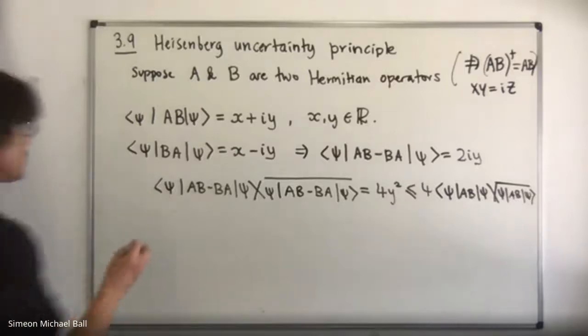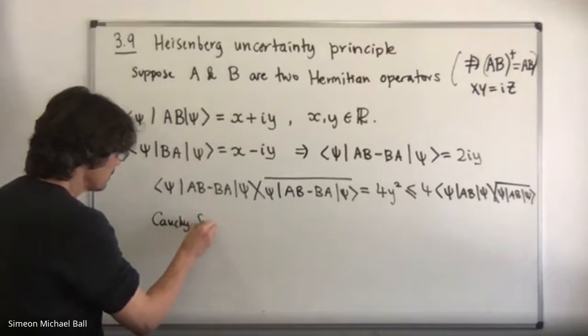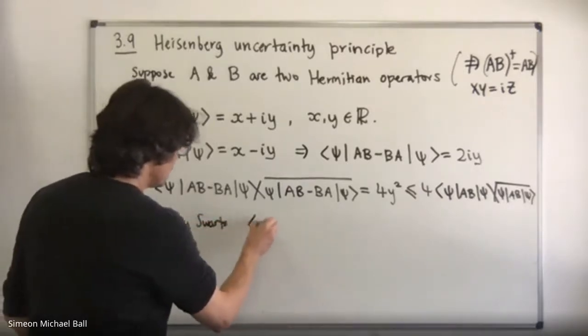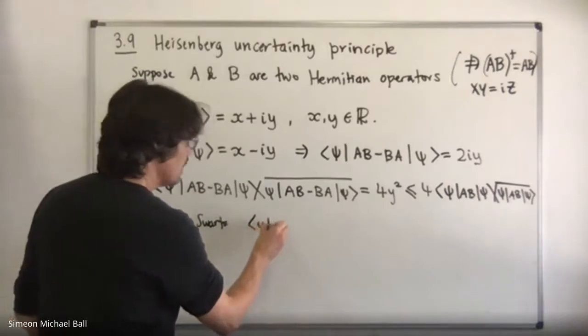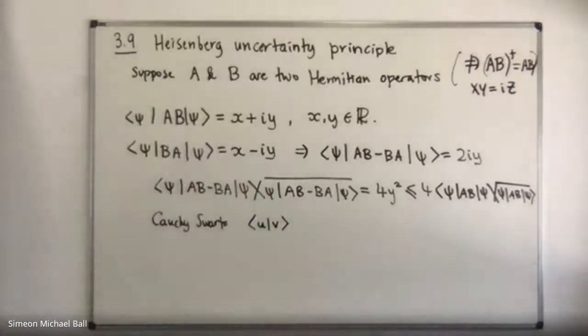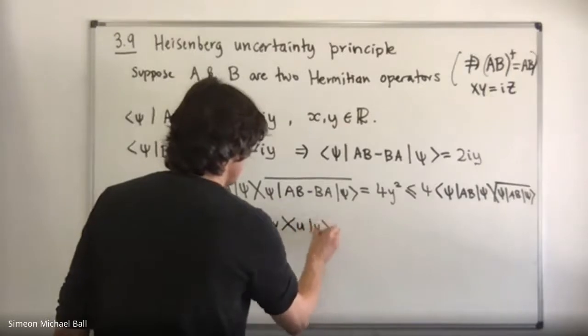Now, if you think about Cauchy-Schwarz, so we have U, V. Let's do it this way now.